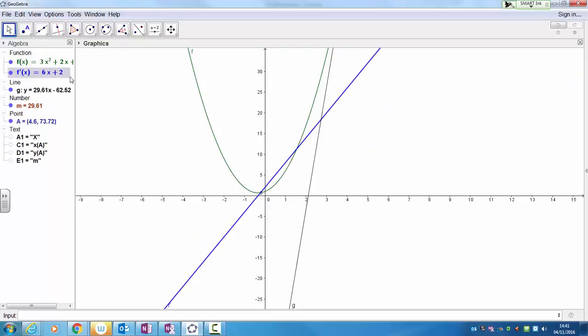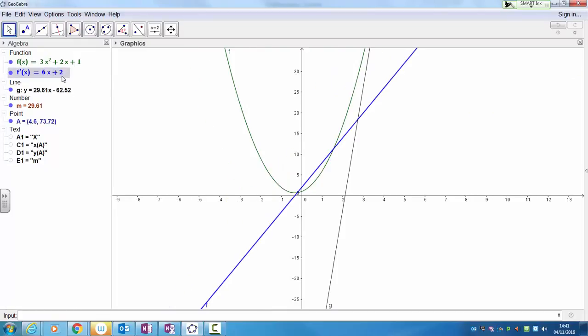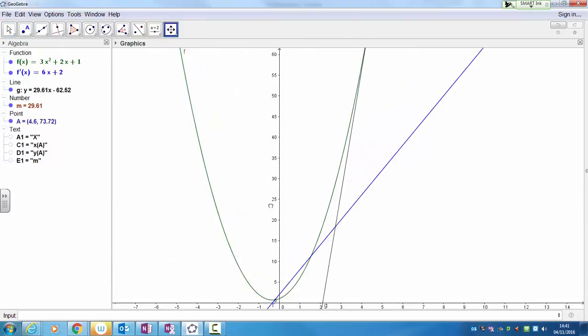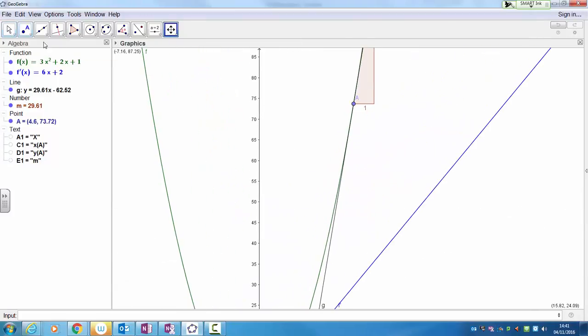When I differentiate it, as you can see here, you get 6x plus 2. Happy? Okay. Let me just bring this down. Let's just turn this off. There's my gradient.